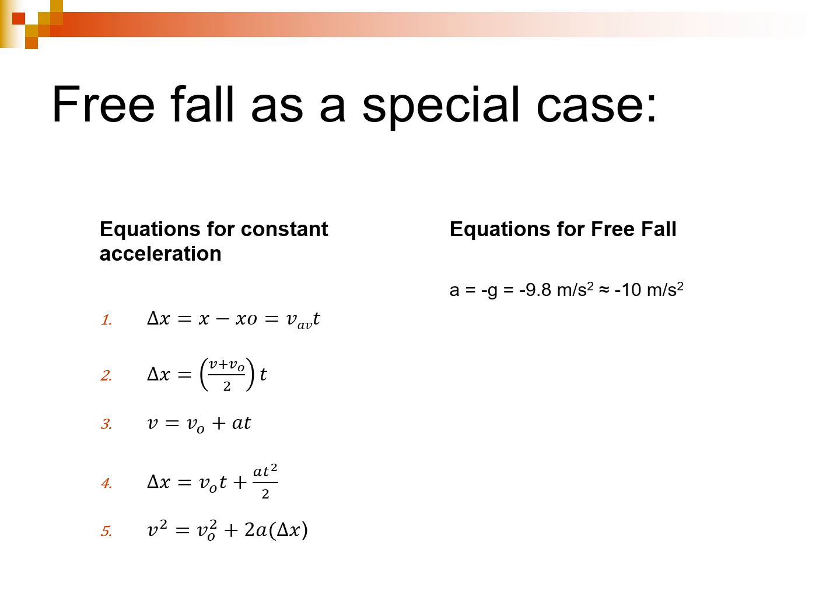So our new equations become the displacement equation, velocity equation, second displacement equation, and the timeless equation. Please pause the video now to record this new information into your list of equations.